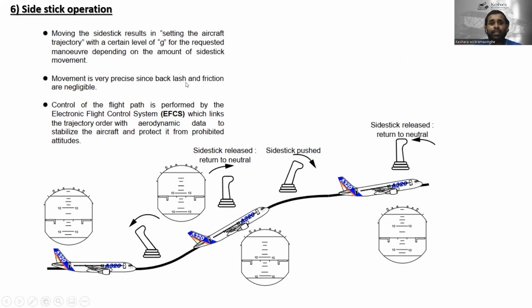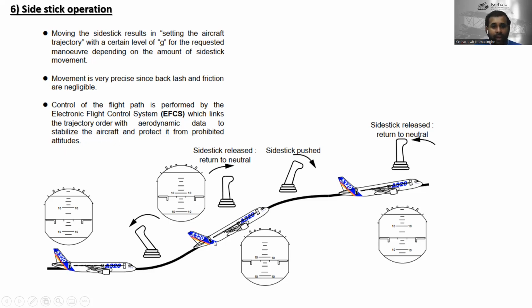The movement is very precise since backlash and friction are negligible. Control of the flight path is performed by the electronic flight control system, which links the trajectory order with aerodynamic data to stabilize the aircraft and protect it from prohibited attitudes.